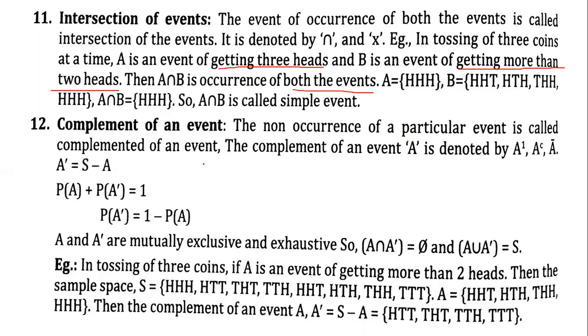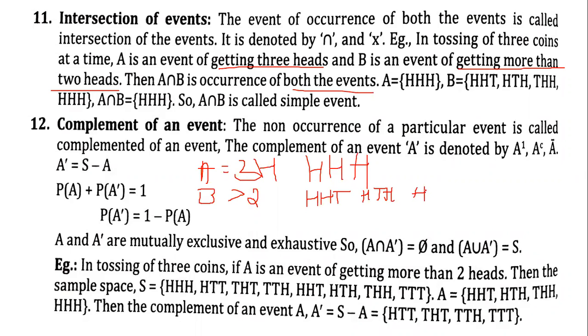So if A is an event of getting all the 3 heads, which is nothing but head, head and head, and if B is the event of getting more than 2 heads, 2 or more, then again I will have HHT, HTH, THH, and HHH.